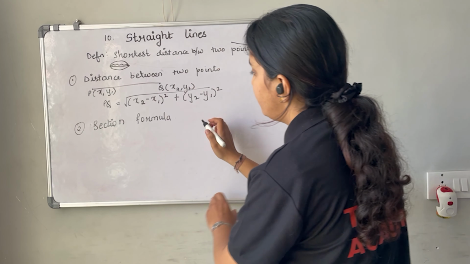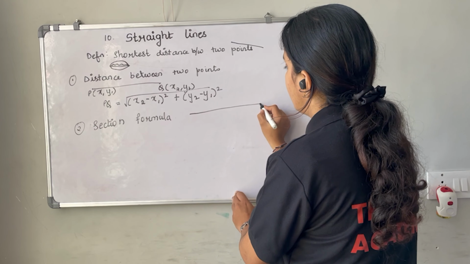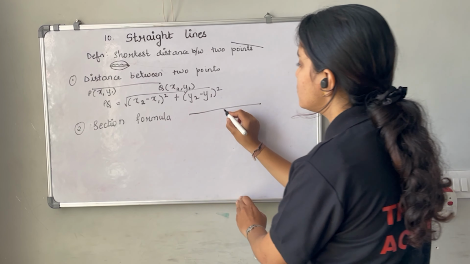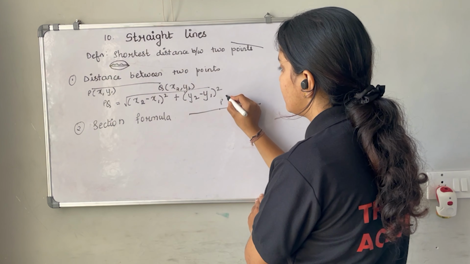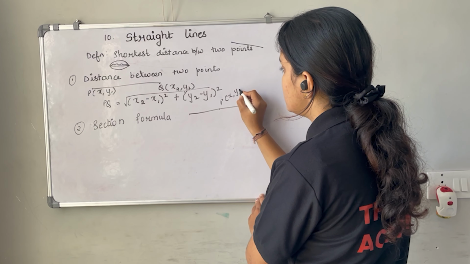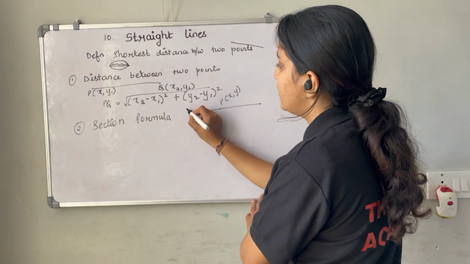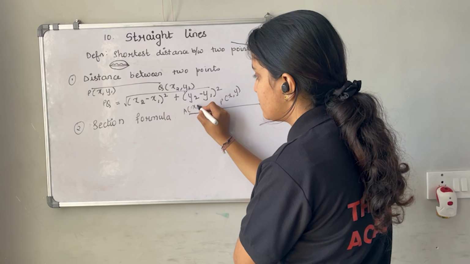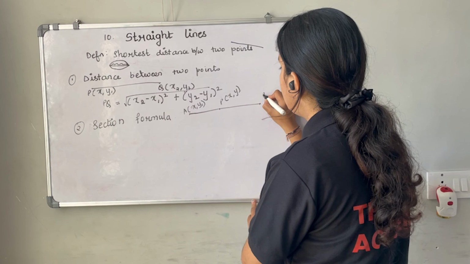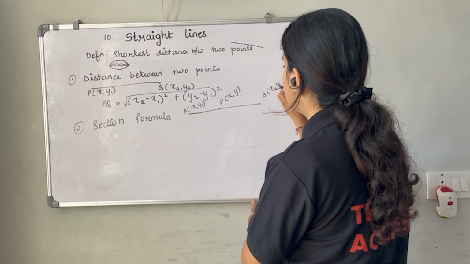If you have a line, and suppose you have a point P here which is x comma y, and this point is A, x1, y1, and B is x2, y2.